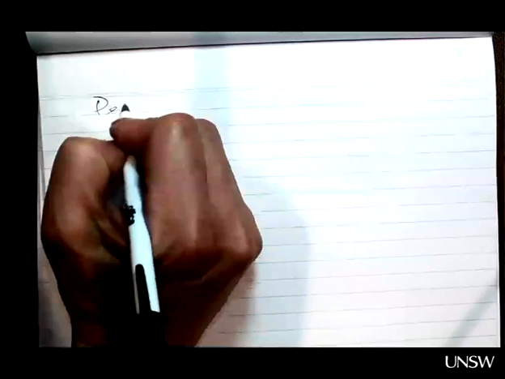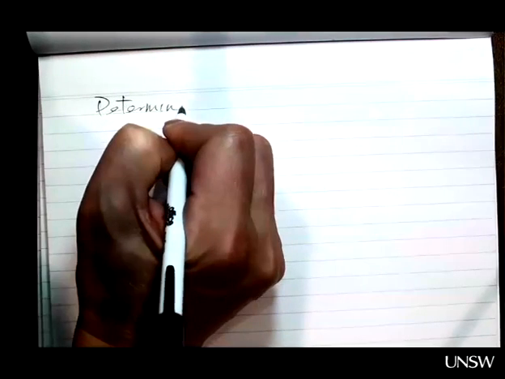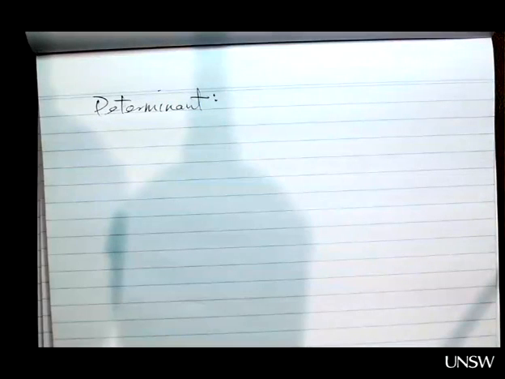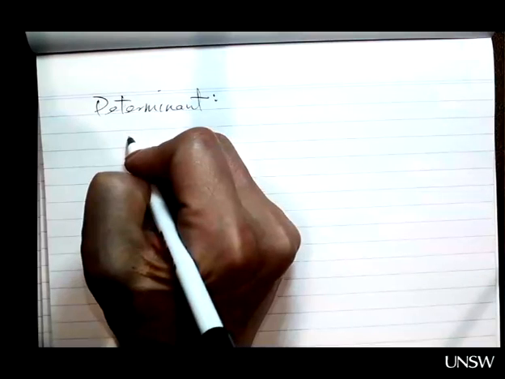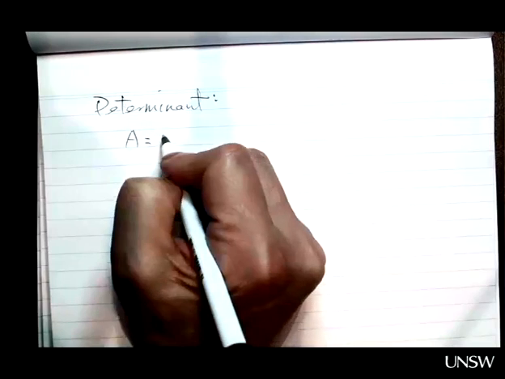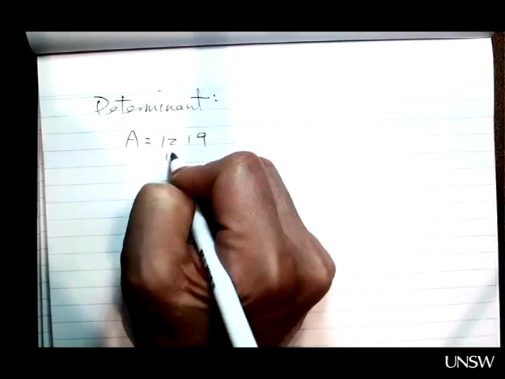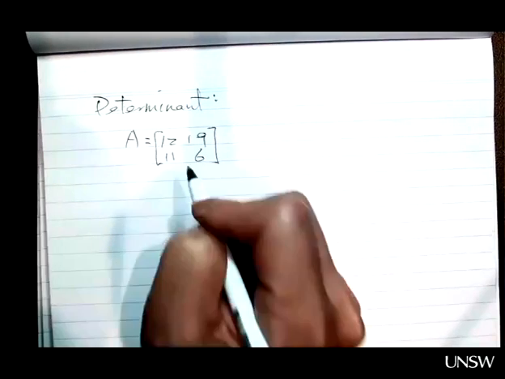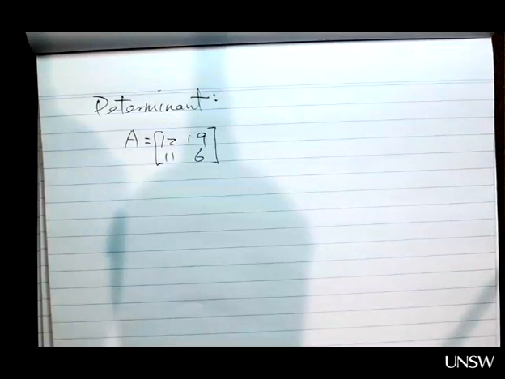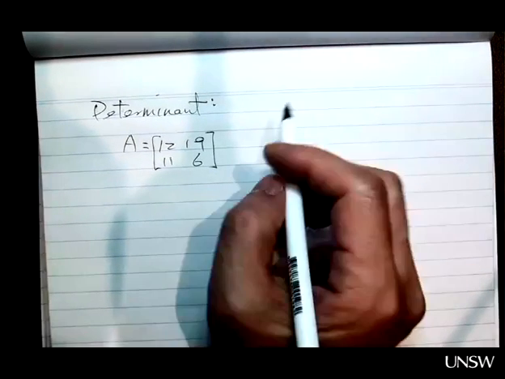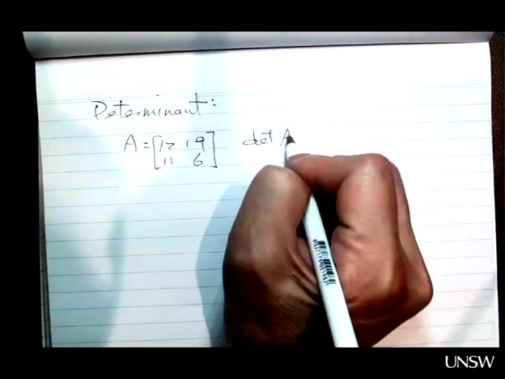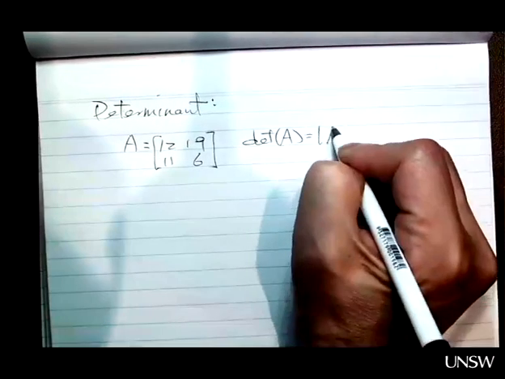Okay, another definition or operation that we have to look into is the determinant. So if we have A equals 12, 19, 11, 6, and then we say that the determinant of A, and then we use this symbol.